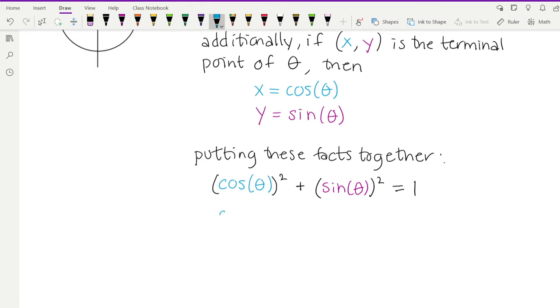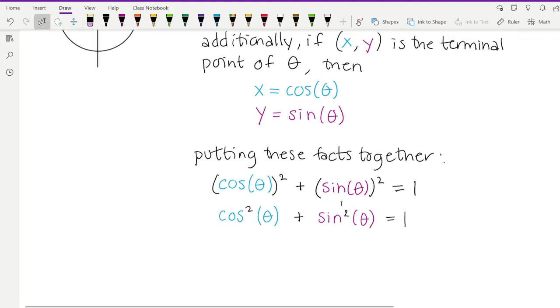So I'm going to rewrite this as cosine squared of theta. And again, it means the exact same thing as what's written above. It's just notation. Basically, to avoid having so many parentheses, you can just put the square there and everyone understands that it's the entirety of cosine and the entirety of sine that are getting squared.